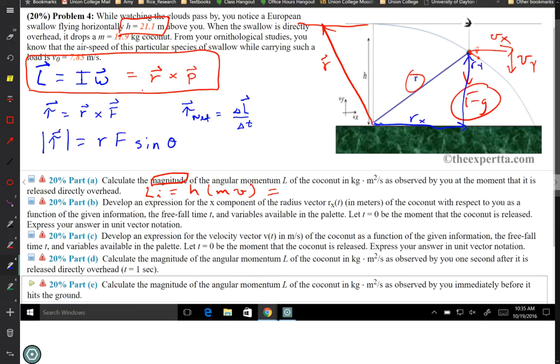And if I'm calculating the torque, I'm taking the perpendicular components and multiplying them together. So I have two sets of perpendicular components here. I have the radius in the x direction and the velocity in the y direction. I also have the radius in the y direction and the velocity in the x direction. So I just calculate both of those separately.